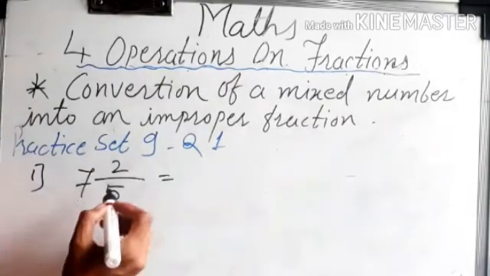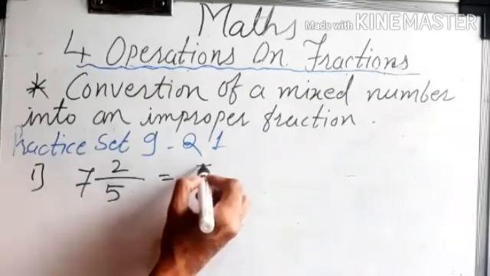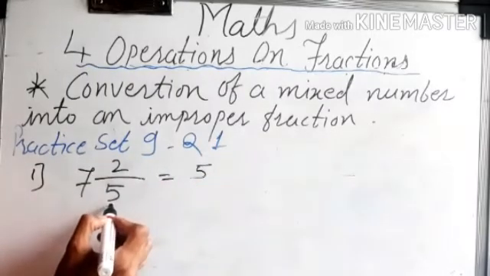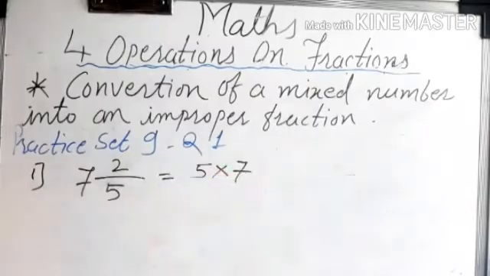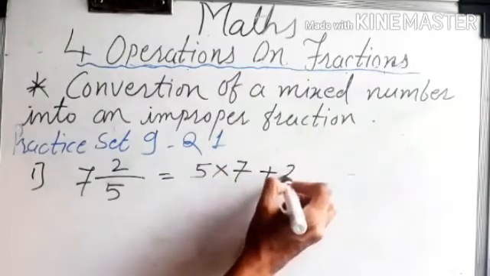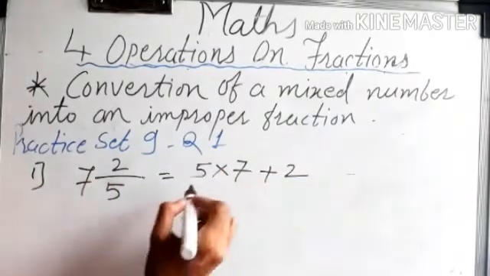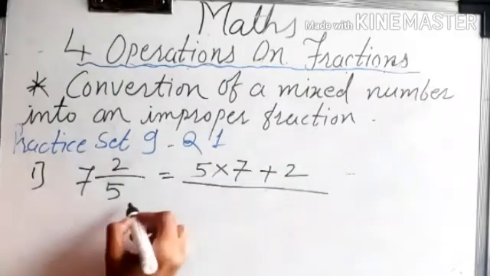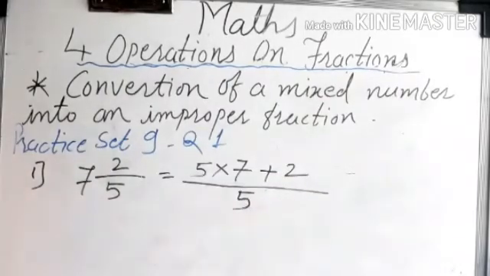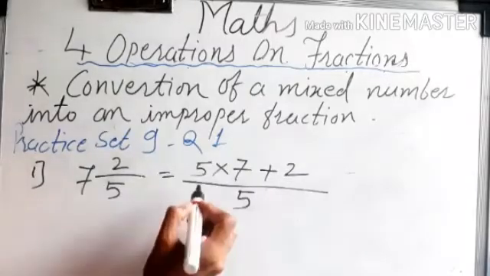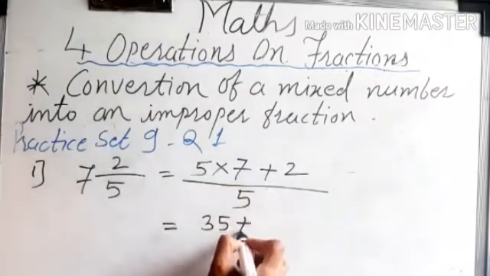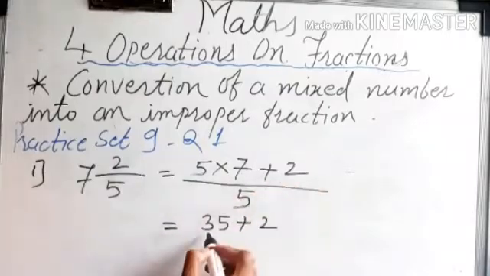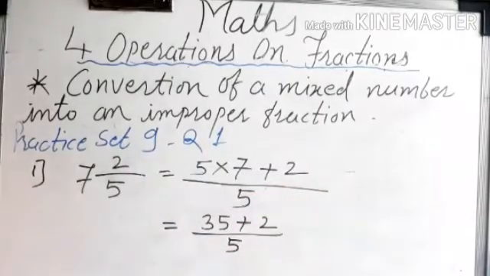So what steps did I tell? First take the denominator, which here is 5, multiply with this integral number, that is 7, add the numerator, that is plus 2, and upon the denominator as it is. Go through the steps, students, then solve it. 5 7s are 35 plus 2 upon 5 as it is.